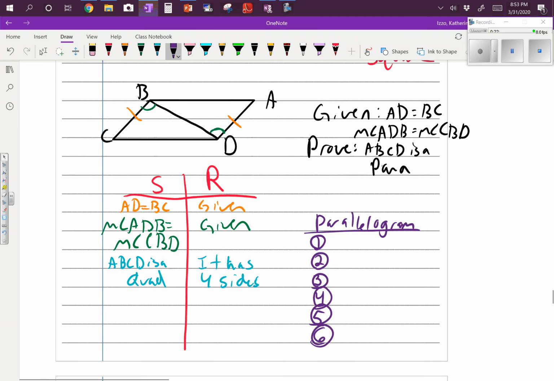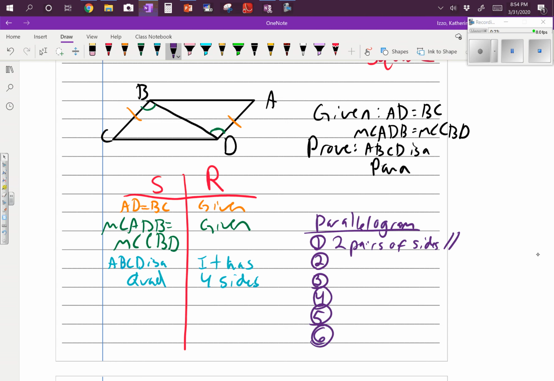Most people remember the first one, 2 pairs of sides parallel. Okay, can I prove that 2 pairs of sides are parallel? Yes, I can. How can I do that?